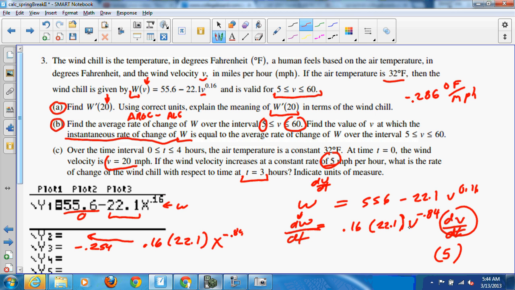Alright, so what is our velocity here? What do we plug in? Well, if it started off at 20 and it increased 5 miles an hour every hour, we're at what? 20 plus 15, so we're just going to need to evaluate this at 35.